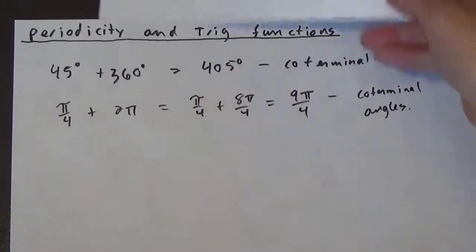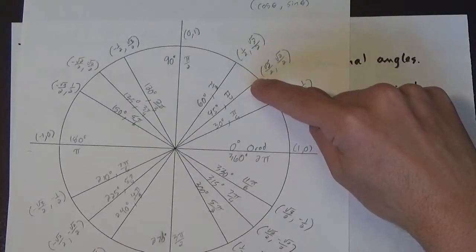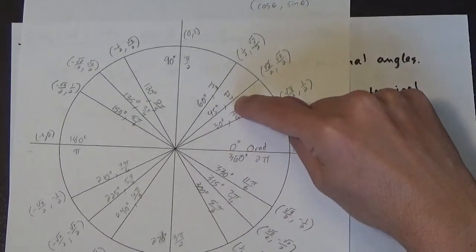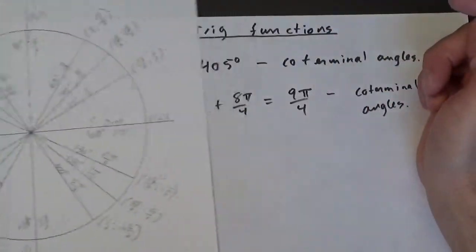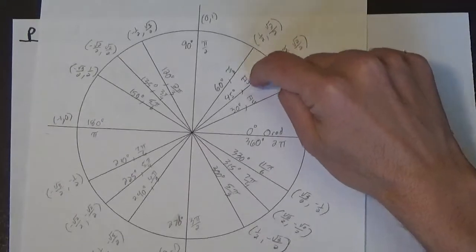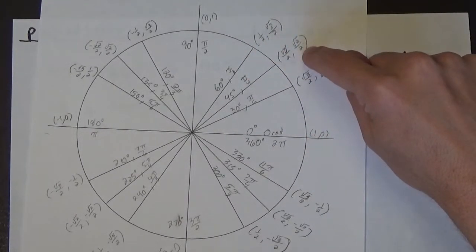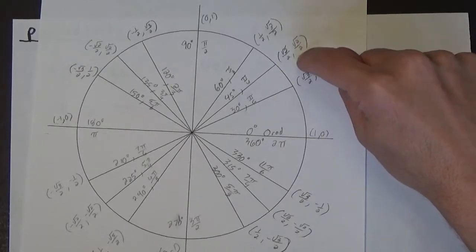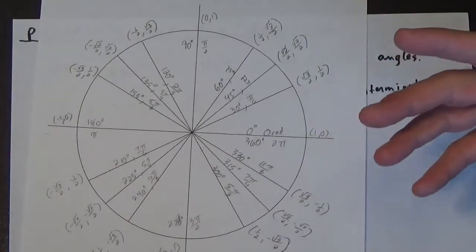And so if we were to look at our unit circle right here, here's pi over 4, 45 degrees. If I were to go all the way around and have 405 and 9 pi over 4, we end up at this exact same spot. And what happens is the x and the y values are still the same. That's the concept of a periodic function.